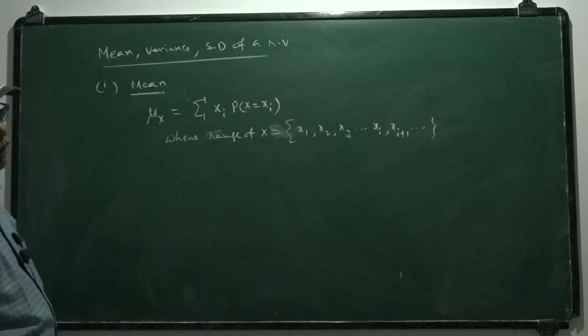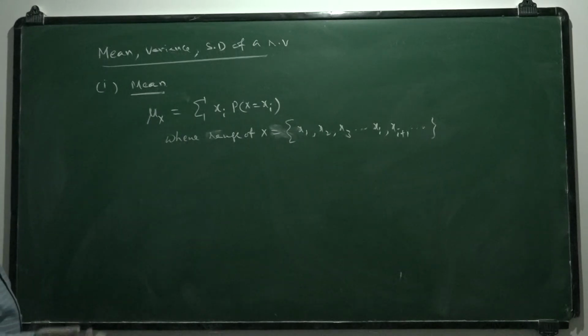It is the sum of the products of probabilities and corresponding values of the random variable.